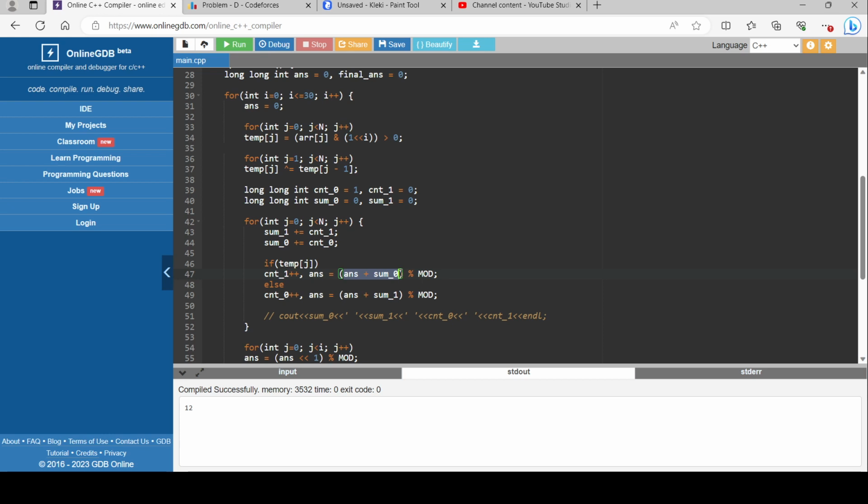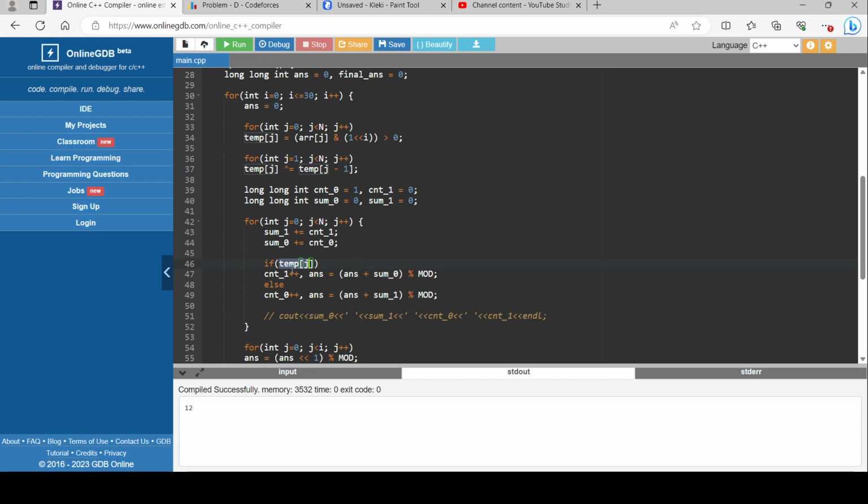Suppose the temp value is 1, then we would be calculating the total number of zeros which are ending at that value.